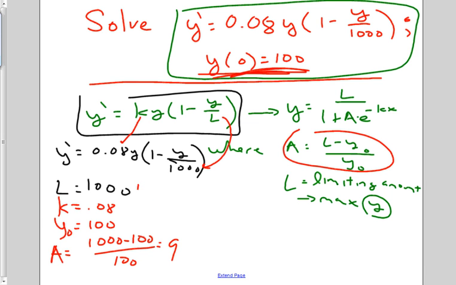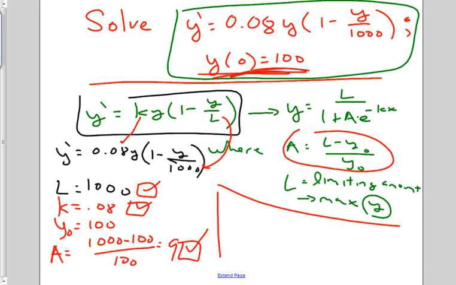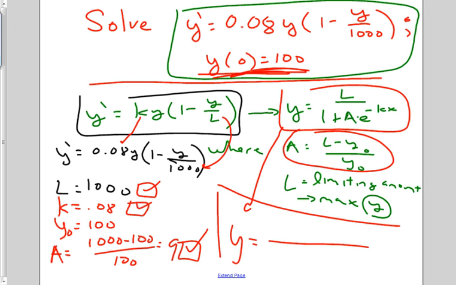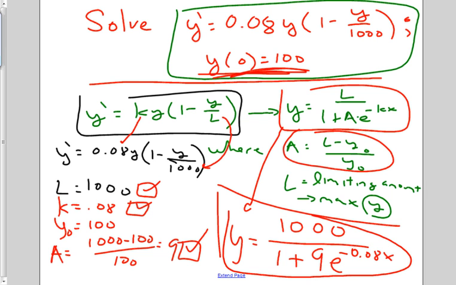So now I know L, I know K, and I know A. Since I know all those things, I can now write my equation: y equals L, which is 1,000, over 1 plus A, which is 9, e to the negative k, where k is 0.08x, and there is my equation.